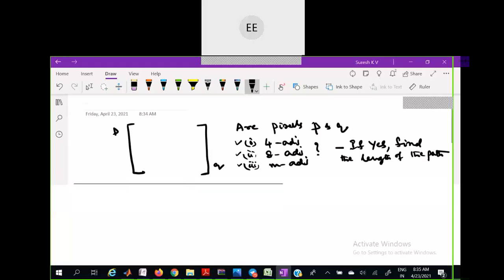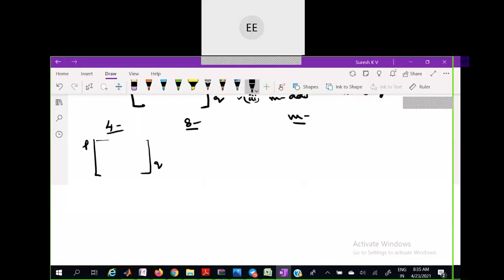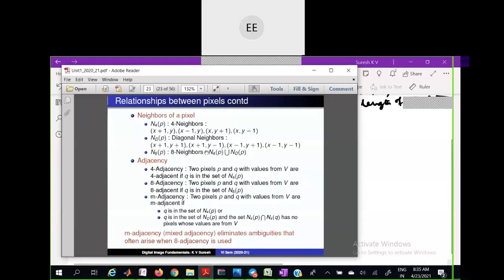It would be time consuming, but still I suggest you draw one separate figure for 4 adjacency, one separate figure for 8 adjacency, and one separate figure for M adjacency. Then show the connections according to the definition and see whether there is a connection or not. If it is there, try to find the shortest path. Okay. So this is how the questions will be there in this topic.